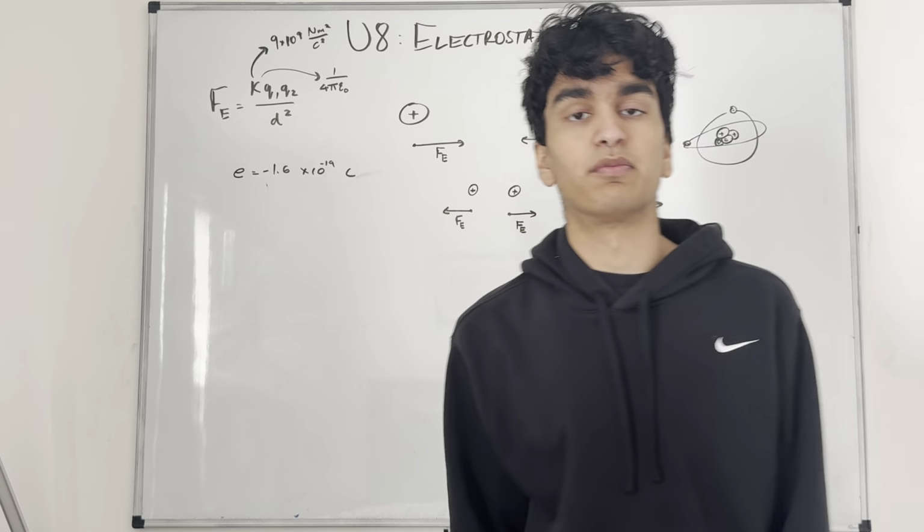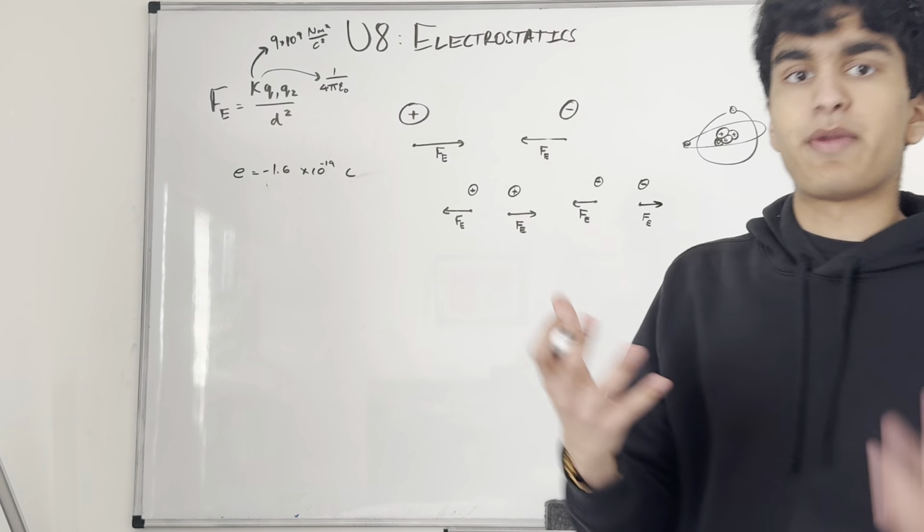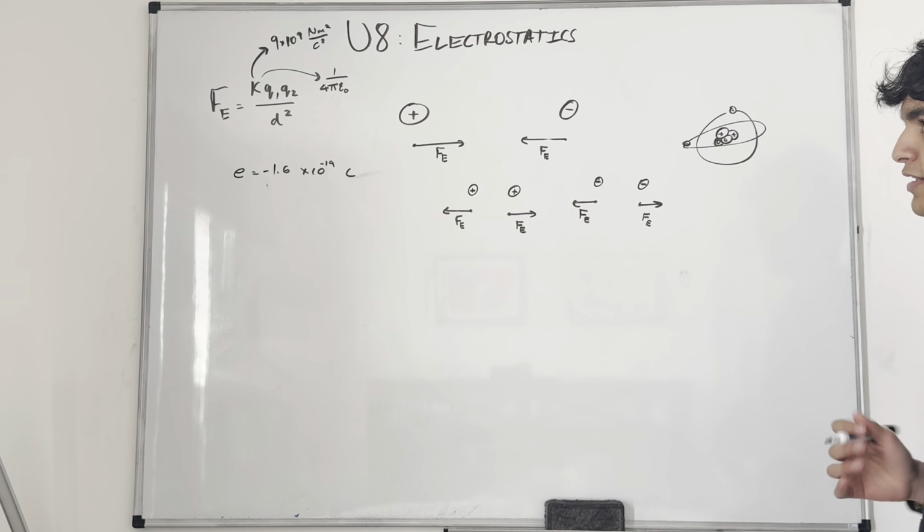But you don't have to worry about it too much. Just note that a negative amount of coulombs, which is the unit of charge, means it's a negatively charged object. So that's how we determine whether charge is positive or negative, mathematically at least. So that is charge.